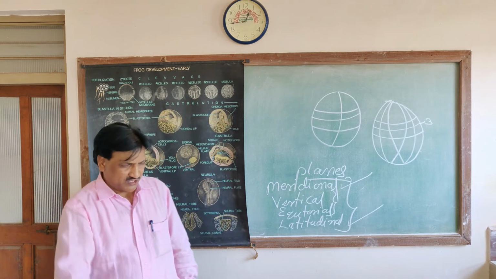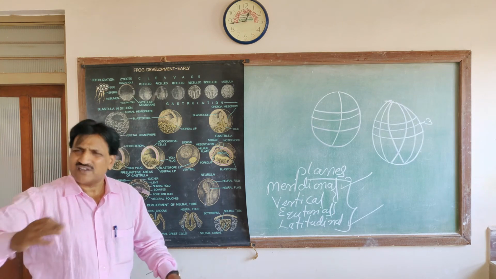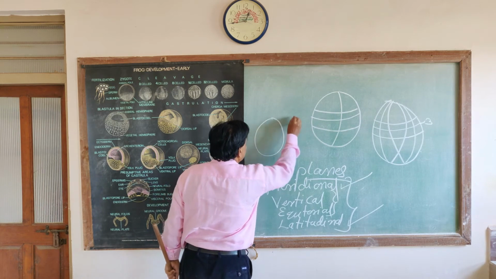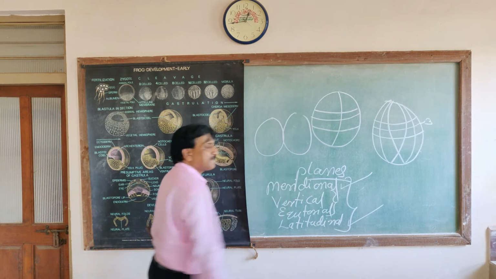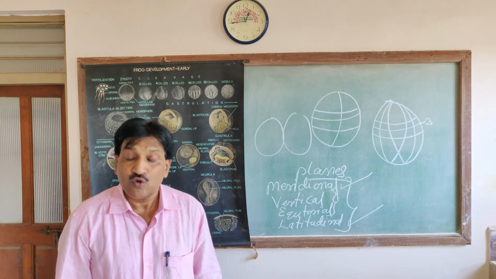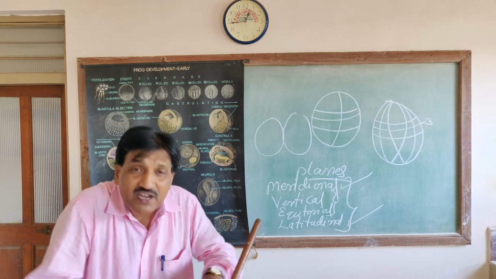I will ask you one question. Whether you take 2 cells, 4 cells, 8 cells, or 16 cells, for example, you take a 2 cell system. Why do the blastomeres not separate from each other?